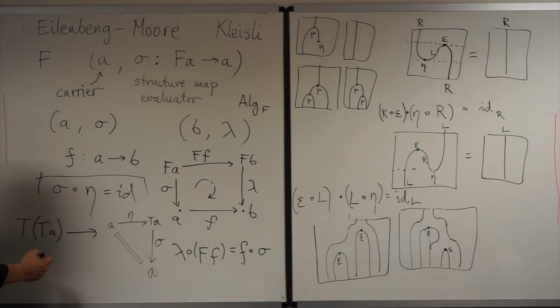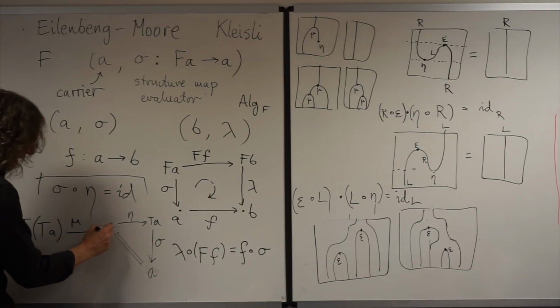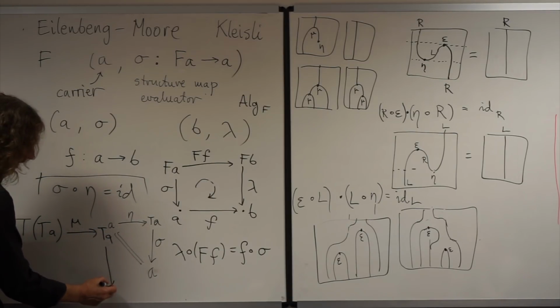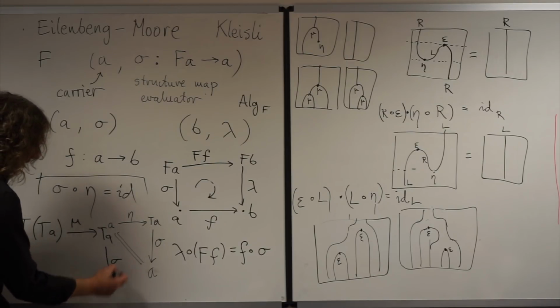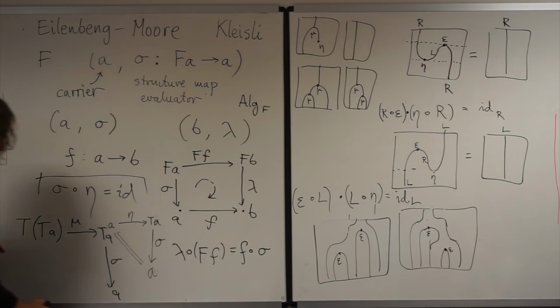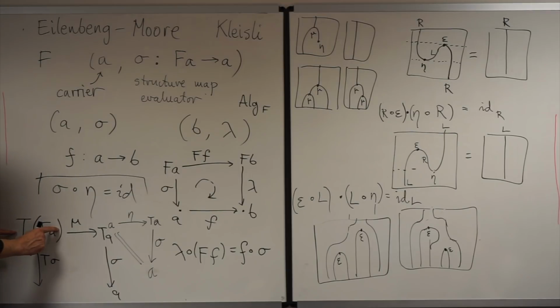One is you can first apply mu, or flat map, to get TA. And then you can evaluate TA using sigma to get A. Or you can lift sigma, so I can apply T sigma to evaluate the inner expressions, because this is like an expression whose leaves are expressions.